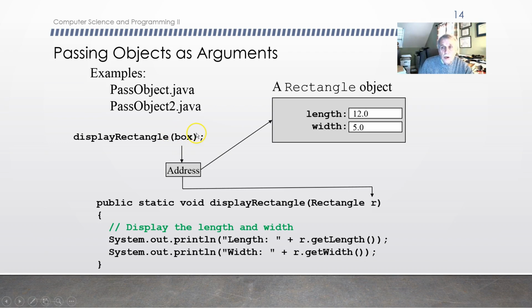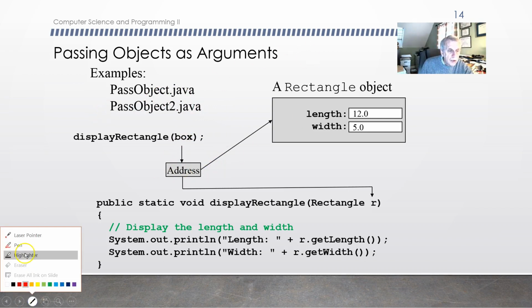Box is a rectangle object, but technically box is a reference variable that contains the address or a reference to where that rectangle object resides. So inside of box would be an address or pointer, effectively the address of where the instantiated rectangle object resides.